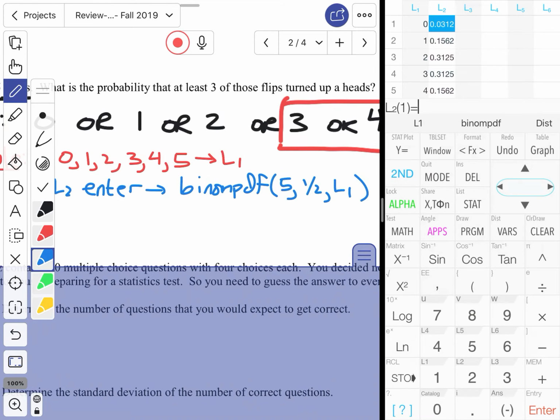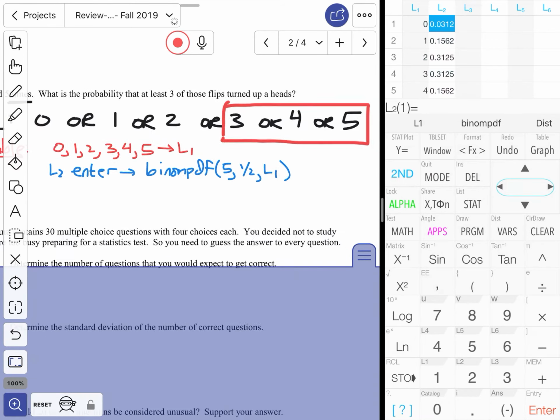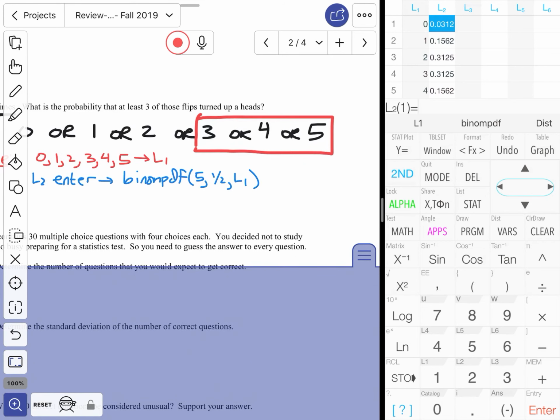Now all I'm going to do is account for the ones that I want. I only want 3, 4, or 5. I recommend that you copy the values over to L3 so that if you make a mistake and you want to go back and edit, you still have the original set of values to work with. So I'm going to go into L3, hit enter. That brings the blinking cursor to the bottom of the screen.